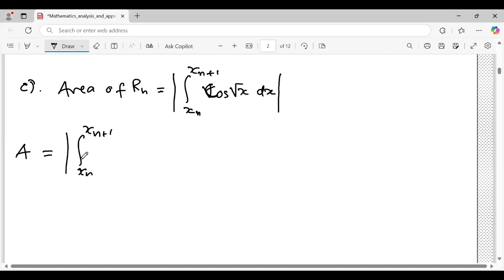The integral of cosine square root x based on part A is 2 square root x sine square root x plus 2 cosine square root x. This one.